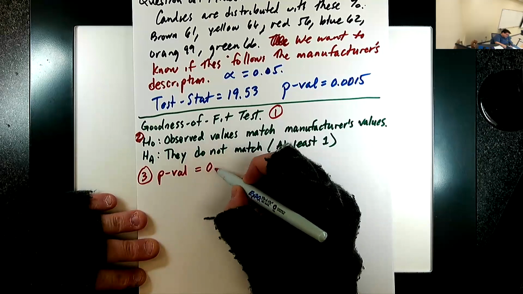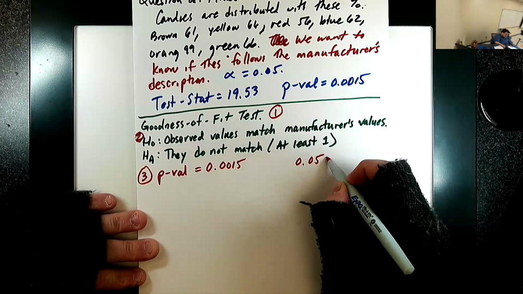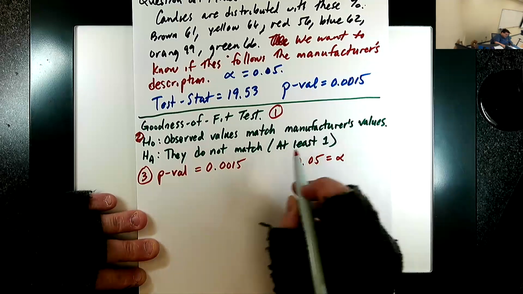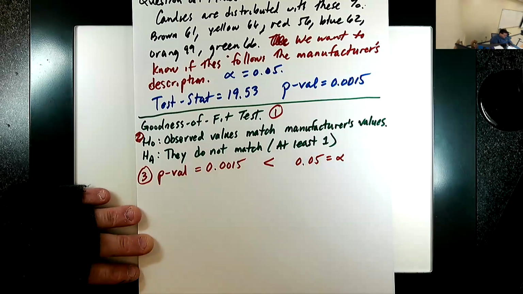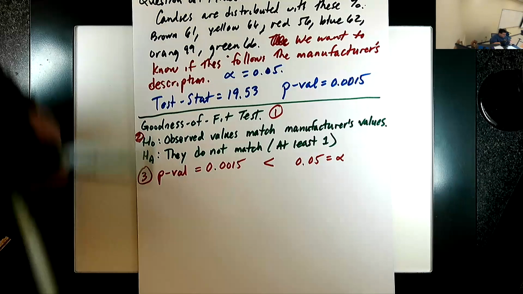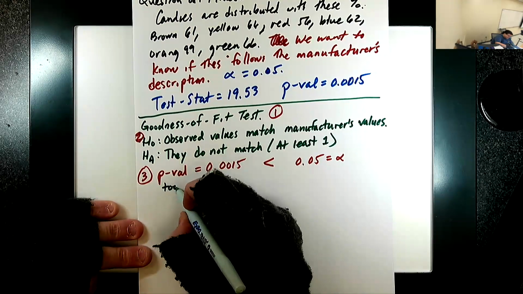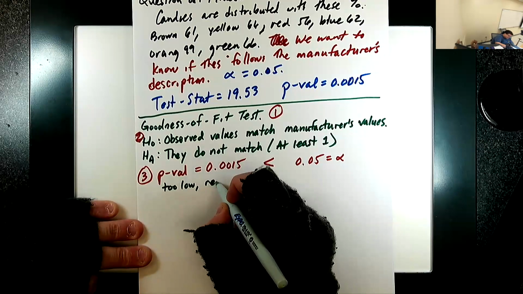P-value is 0.0015. Alpha was stated to be 0.05. The p-value is less than alpha. I'm expecting to see something like this. I strongly, strongly encourage you to tell me what that means. The p-value is too low. Reject the H naught.